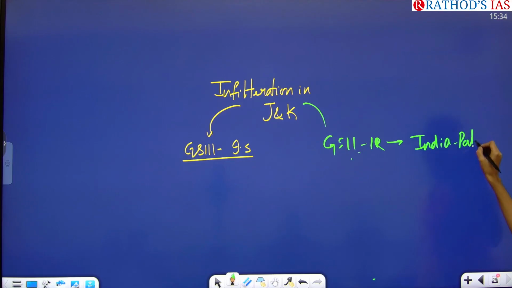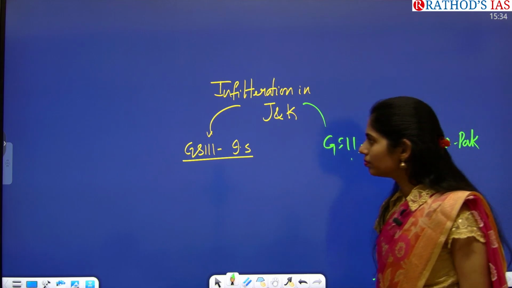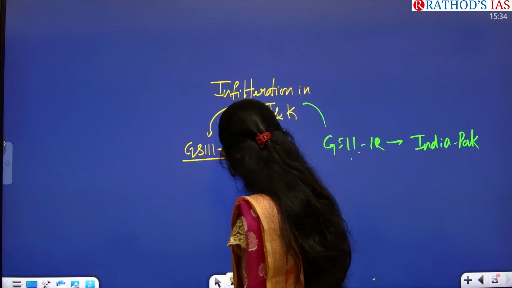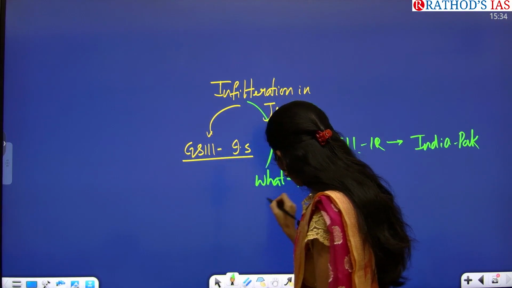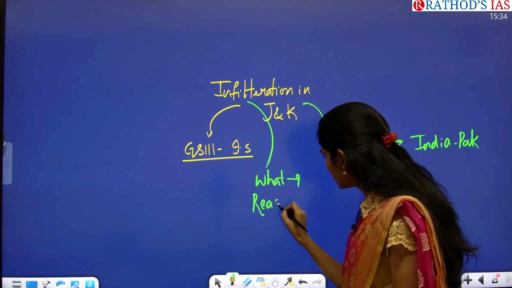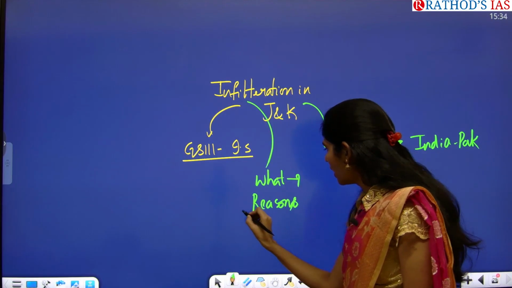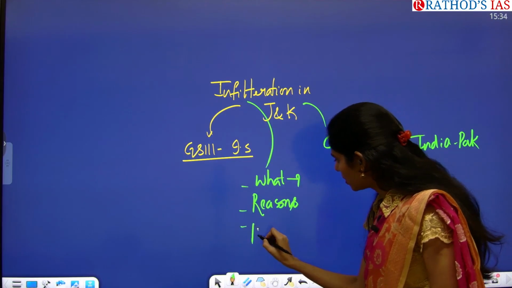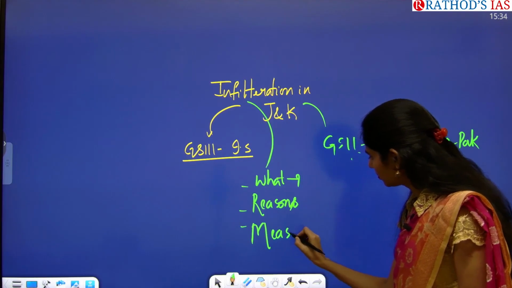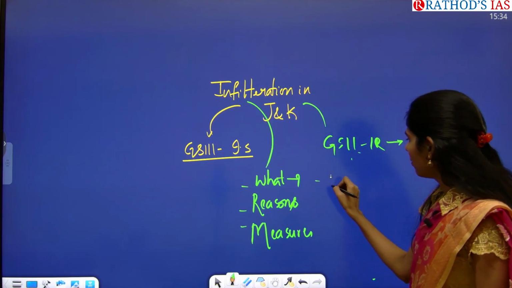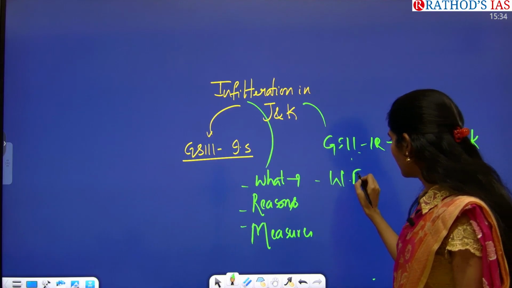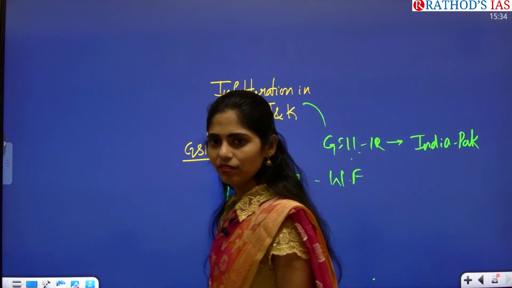Tell me what you have to revise in this article. You have to know what infiltration is. Next, what are the reasons or causes for this infiltration. You have to see what measures are being taken. And apart from that, what is the way forward. Only these four things are enough.